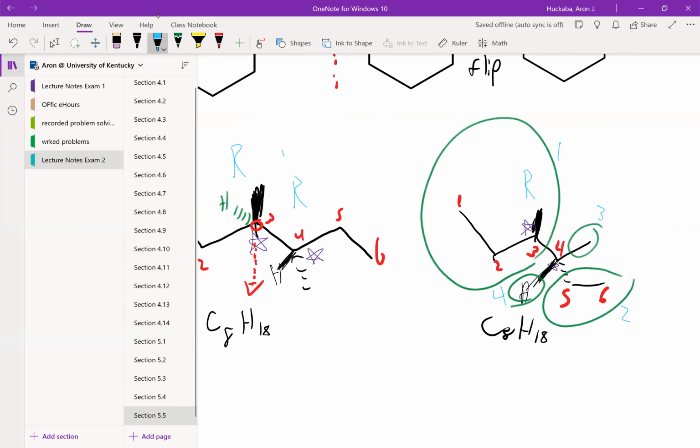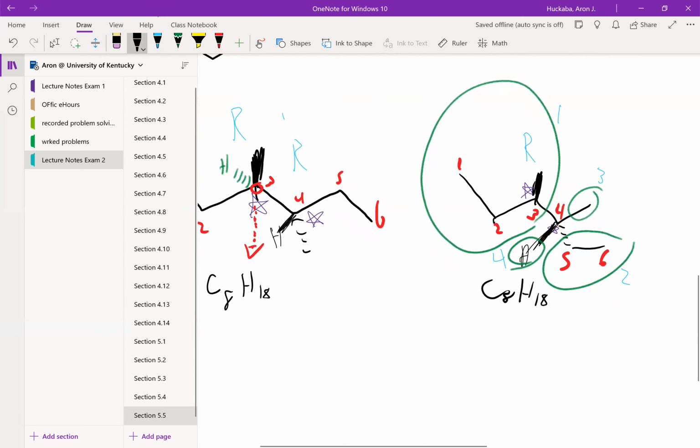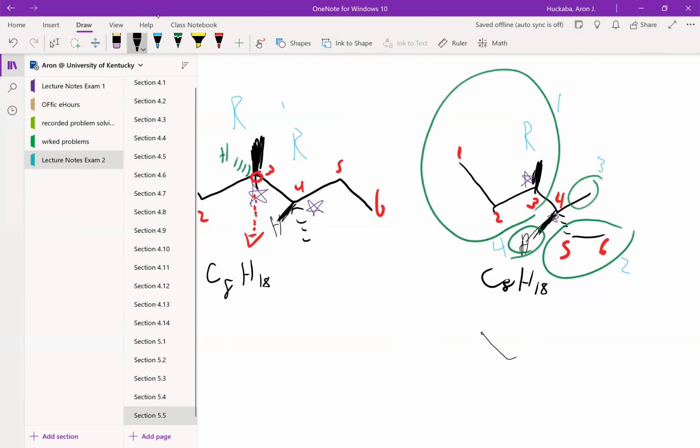So we need to do the rotations to find the hydrogen on the dash as we did before. So redrawing this molecule. There we go.